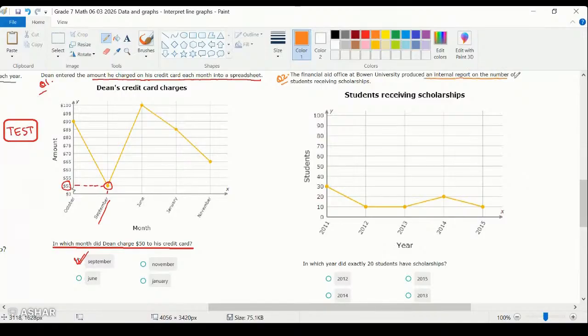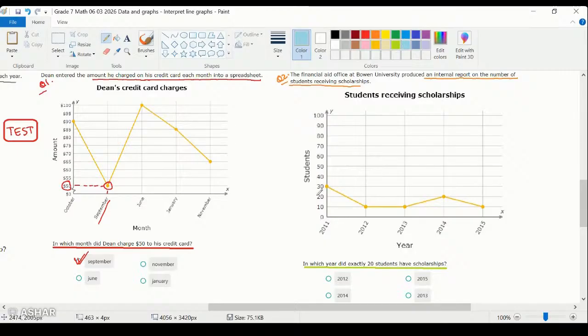Internal report counting the number of scholarships given to the students. In which year exactly 20 students were given a scholarship?